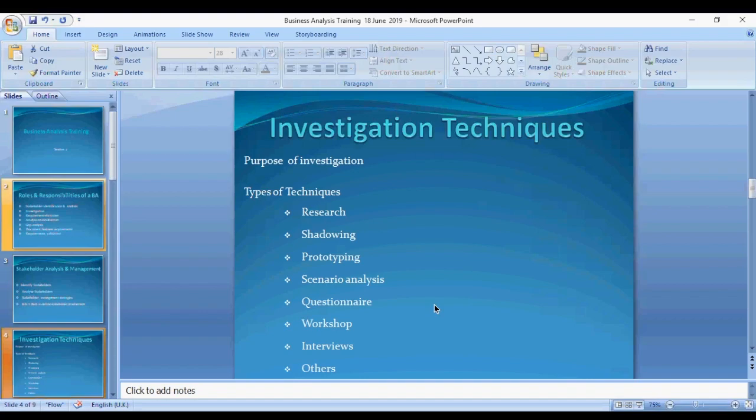So that's the purpose of the investigation. In summary, it's for you to gather your requirements and to identify any problems or gaps that need to be addressed.